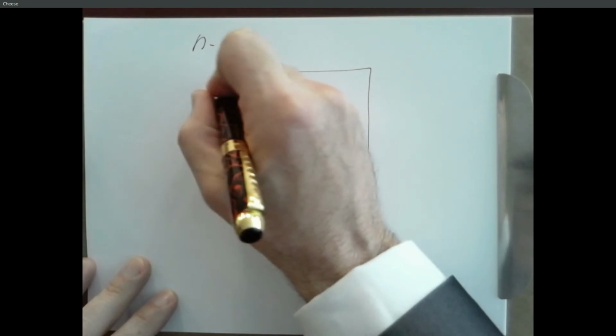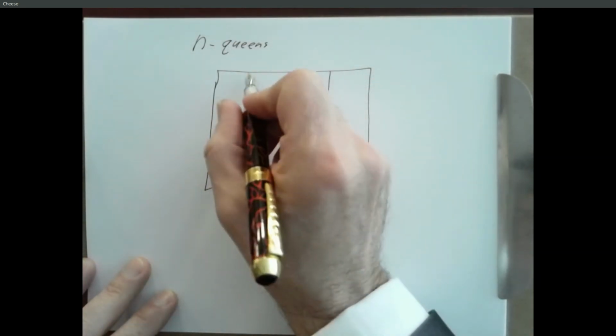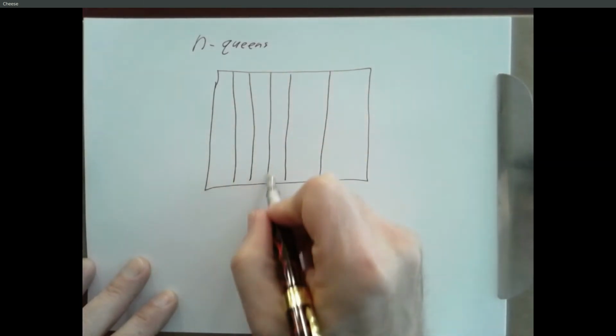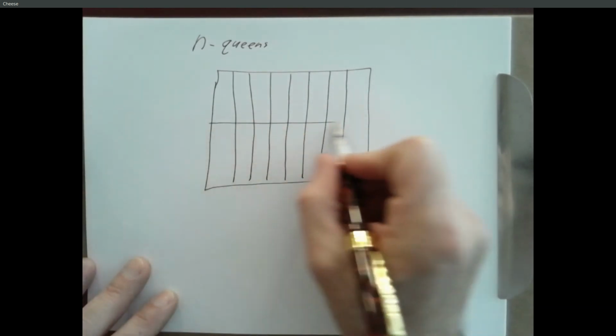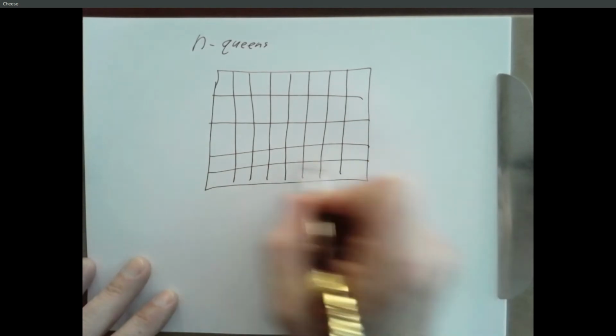The queen is like the all-powerful piece on the board. For some reason, you don't lose if the queen dies, though. That never made sense to me. But the queen can basically move in any direction, diagonally, horizontally, or vertically.